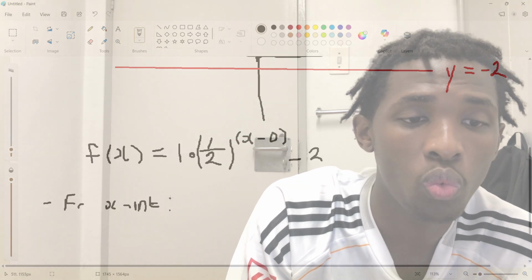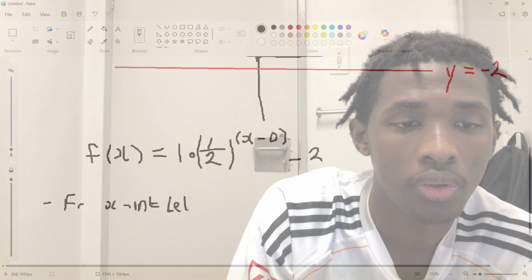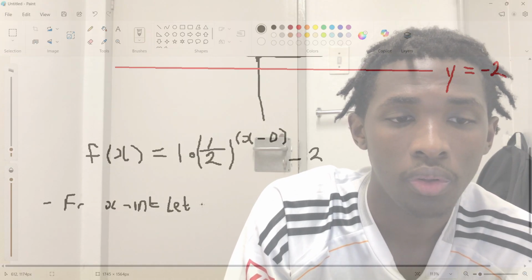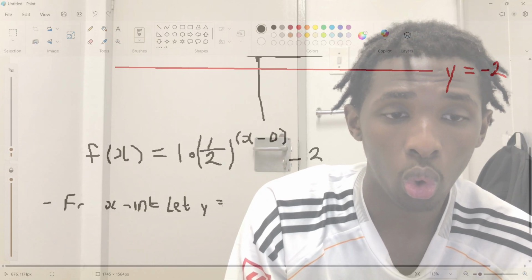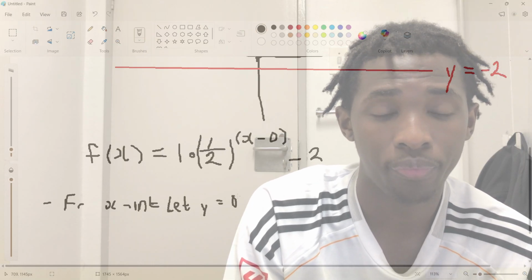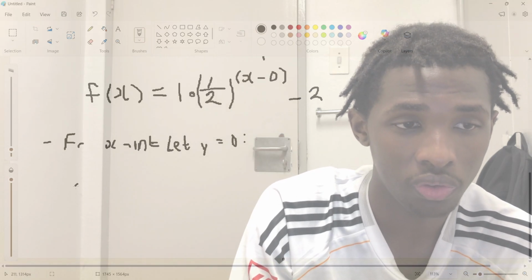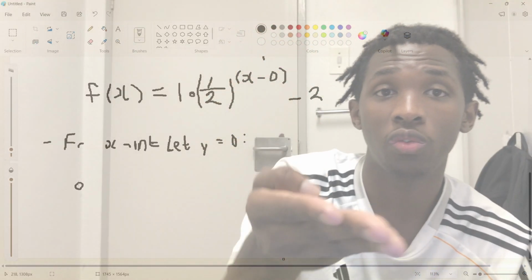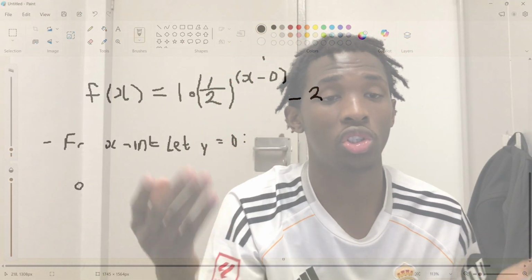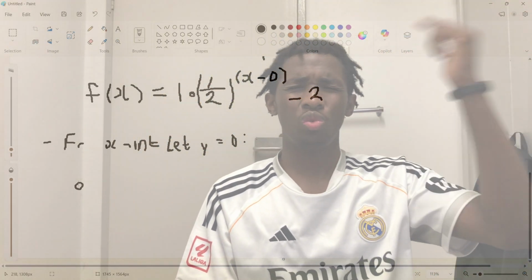For the x-intercept, let y be equal to 0. Remember. So now this is not the y-intercept that I found. I'm just doing the x-intercept now. Now I'm just trying to do it in my head.